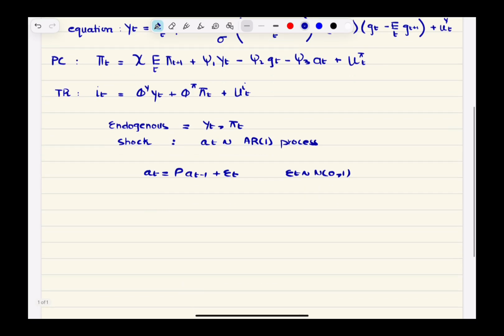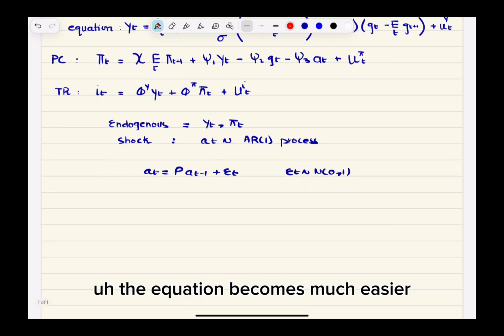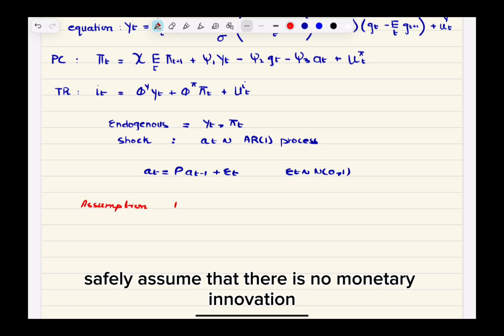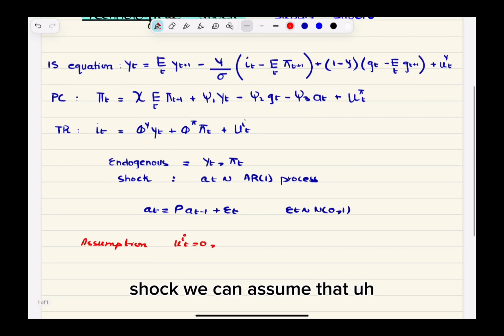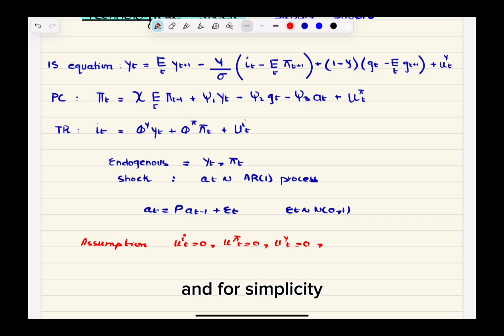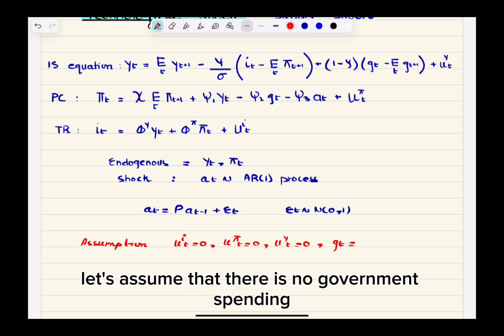it's actually the equation becomes much easier if we make certain assumptions. We can safely assume that there is no monetary innovation shock. We can assume that there is no inflation shock. We can assume that there is no output shock. And for simplicity, let's assume that there is no government spending growth, like there's no change in government spending.